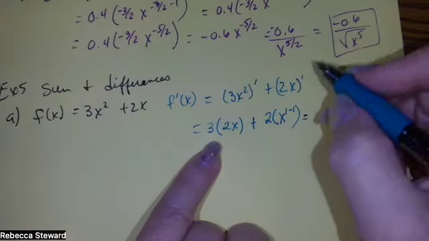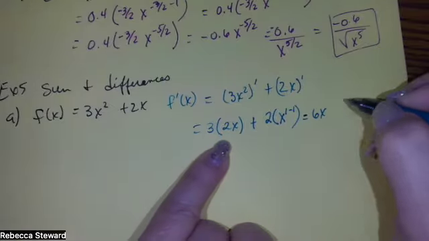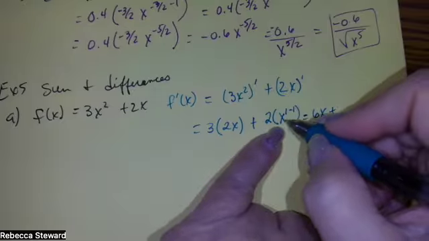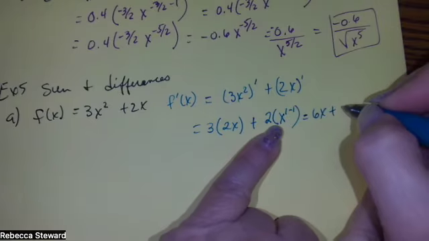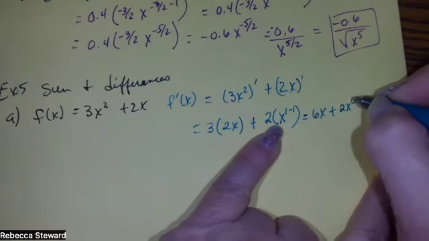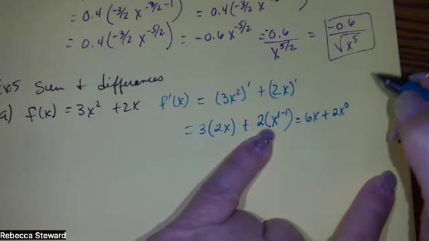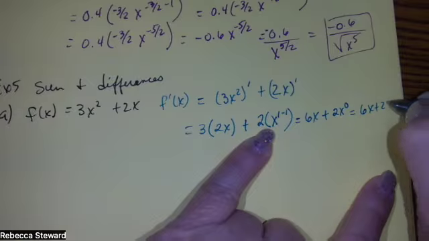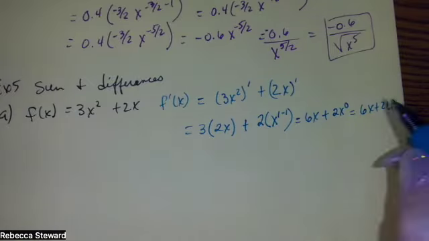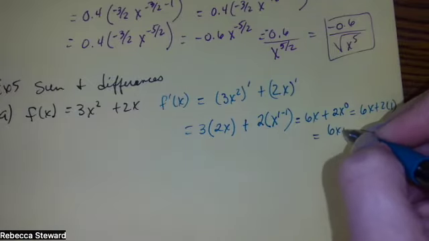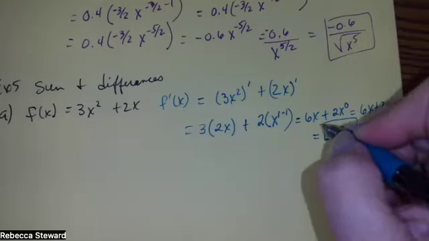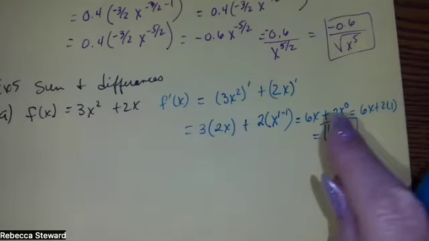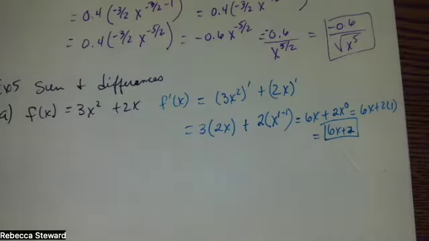So this will become 6x plus 1 minus 1 will get you 2x to the 0. So what does x to the 0 equal? That is equal to 1. So this will be 6x plus 2 times 1, which will get us 6x plus 2. I wanted to make sure you could follow why this one, the x's go away.